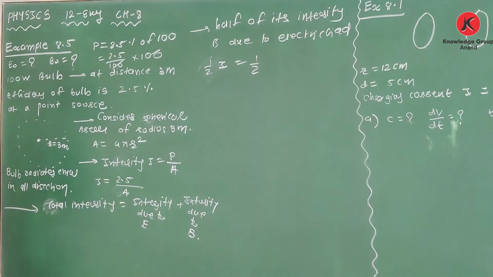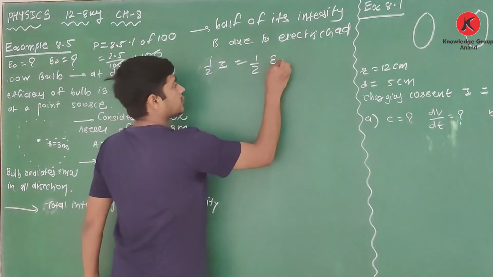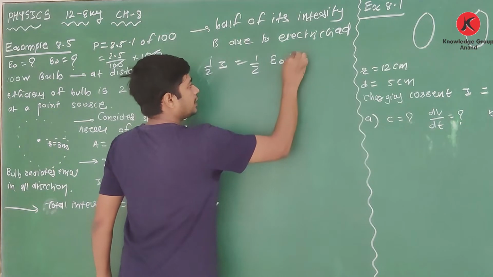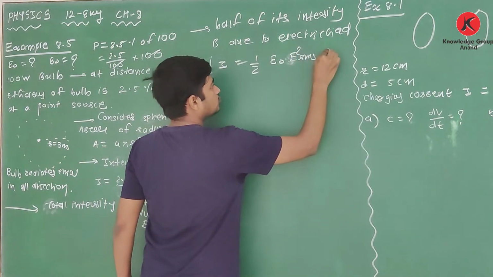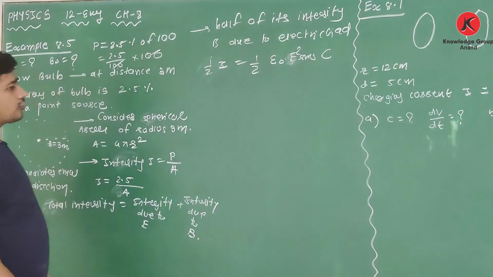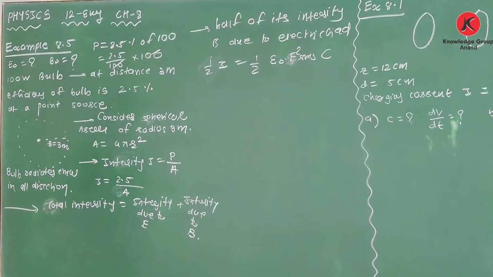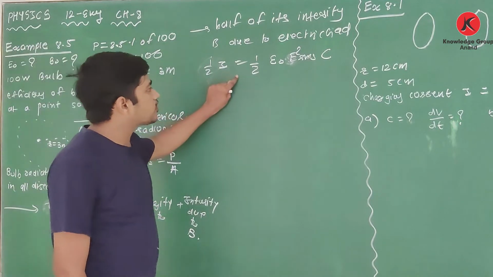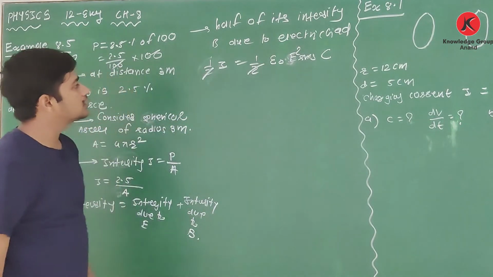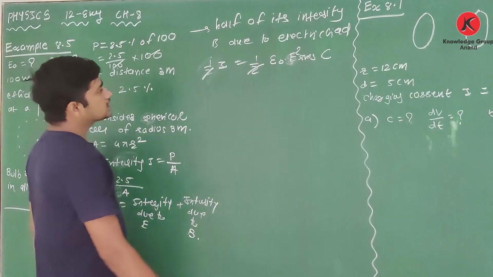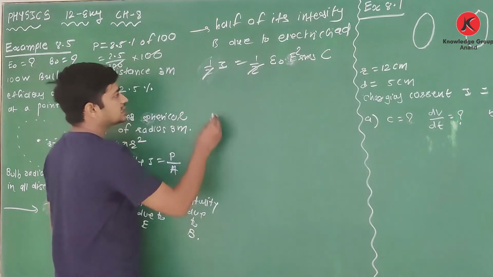What is the equation of I? Yes, we have obtained it is epsilon 0 E square RMS into C. So half I is equal to half epsilon 0 E square RMS into C. Clear about this? So yes, it is the equation of intensity. Now this half cuts with this half. We have to make this E square RMS the subject.